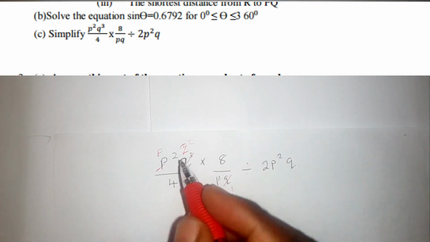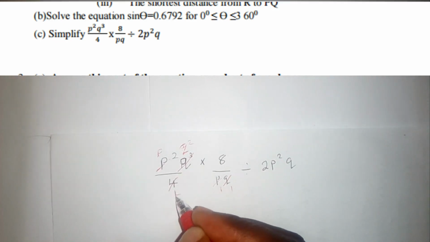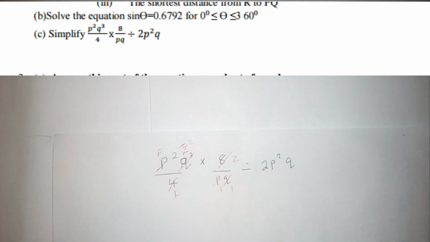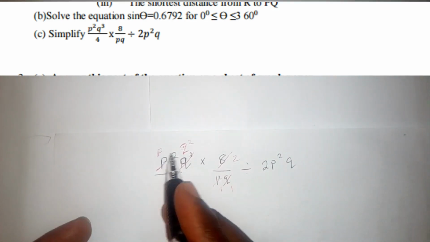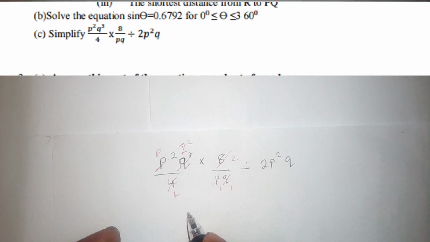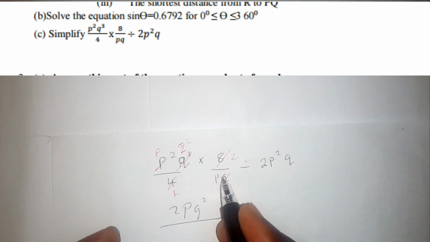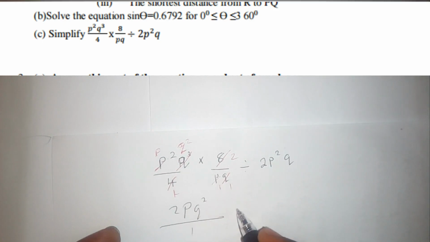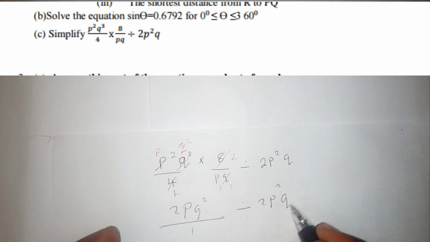And then this 4 will remain with 1 here, here 2. So we can multiply p by q squared by 2. It's p q squared 2 here over 1. Here we're dividing by what is here.